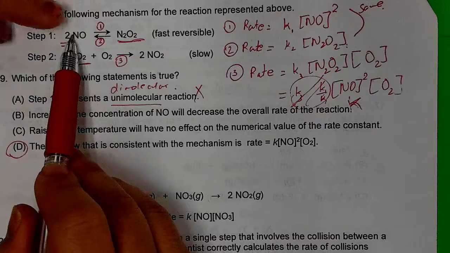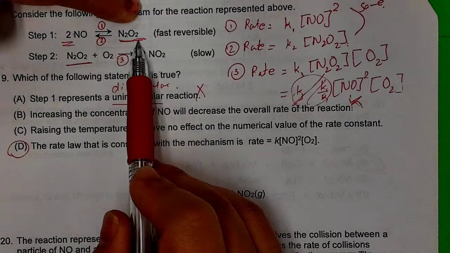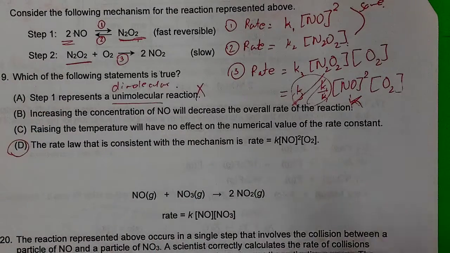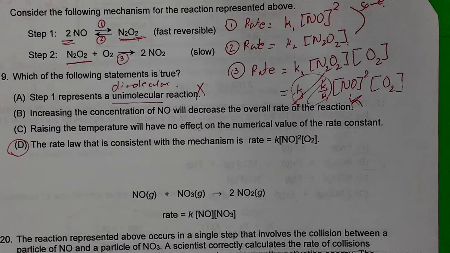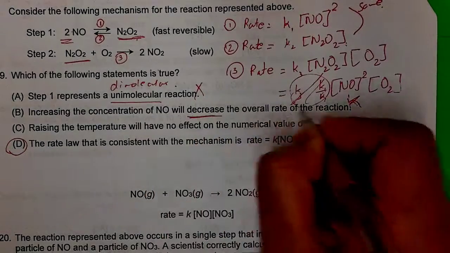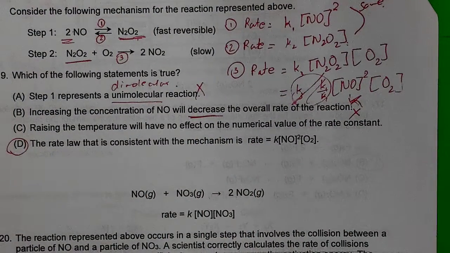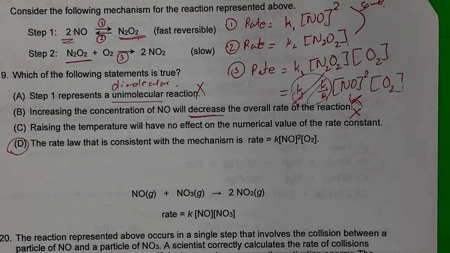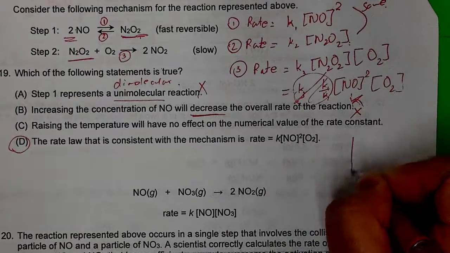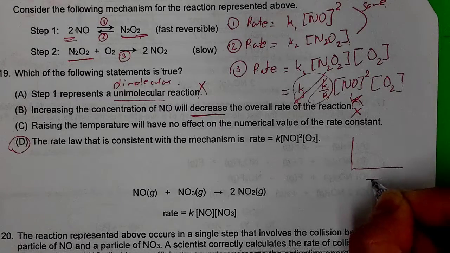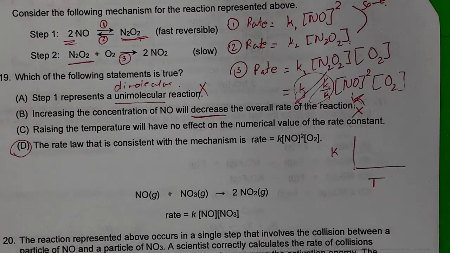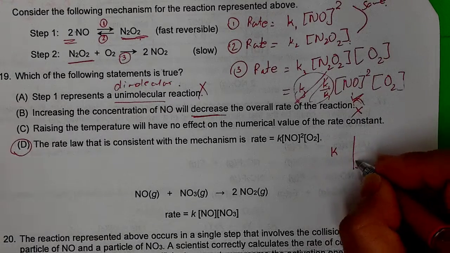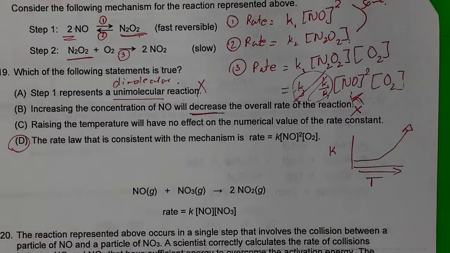Because take a look: more NO means more N2O2, more N2O2 means more NO2. Overall reaction should be faster when you're increasing the reactant. Not decrease, that makes this wrong. Okay? C, increase in temperature has no effect. Trust me, we talked about it before. Remember this graph? The temperature and the K: as the temperature increases, what happens to the K? K increases. Something like that.